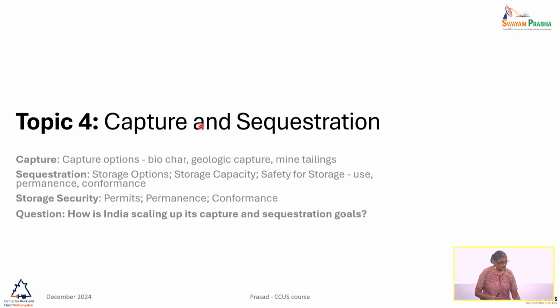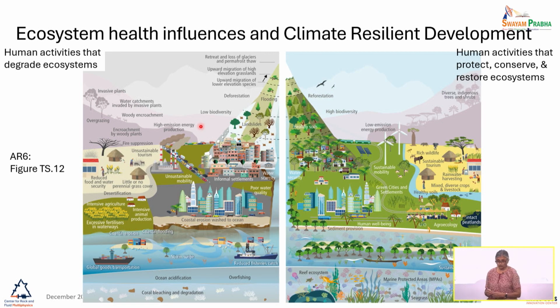So let's start with the capture and sequestration part, on what ecosystems exist. This is a very messy slide, but it tries to combine everything that we can do and the consequences if we don't do that. So we have reforestation out here.